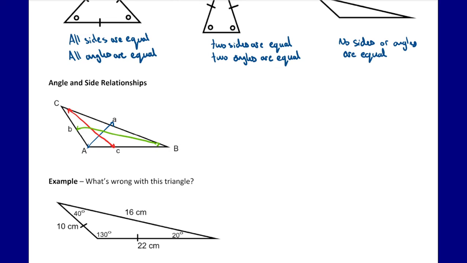So aside from those relationships, another thing we can look at, if I look at B, angle B is the smallest, so generally speaking, side B is the smallest.